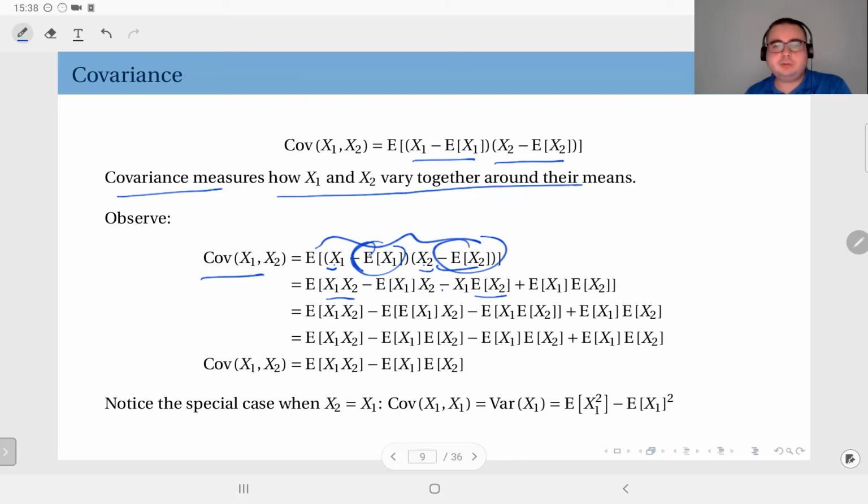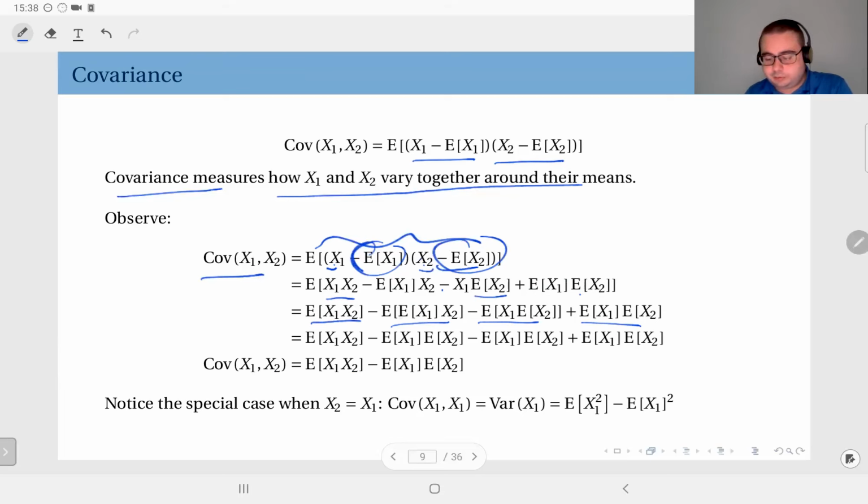If you remember, due to the linearity of expectation, I can separate each of these four terms, and you have this correlation minus this plus this. Now this I have written directly because the product of these two expectations is just a number. It's not random, so I can take it out of the expectation.